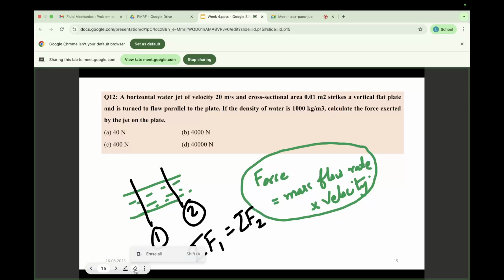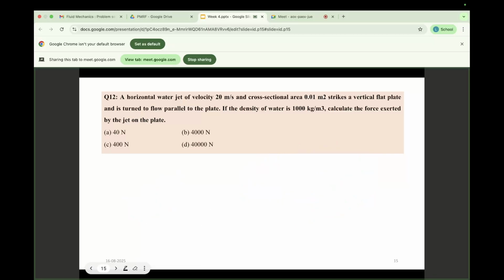So I am erasing all these things for you, but I think the fundamental of this conservation of momentum is clear to you, right? So what is given in this question? The velocity is given, that is 20 meter per second.